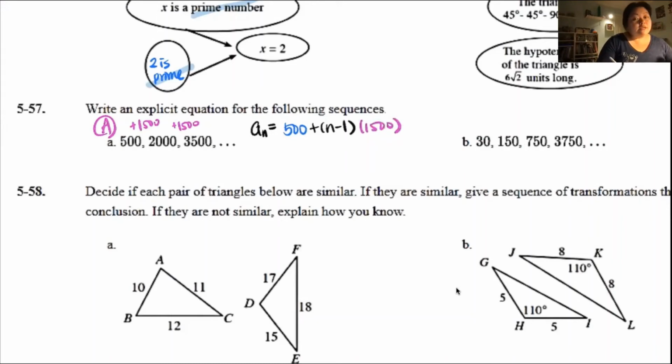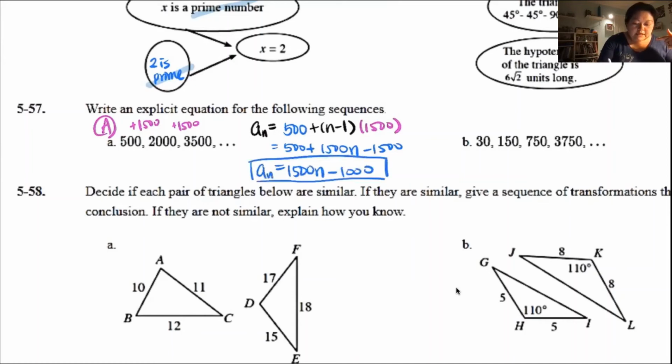All right. So yes, we do need to clean this up a little bit, right? So I get 500 plus, distribute the 1,500, 1,500n minus 1,500. So I get 1,500n minus 1,000 to be my formula for A sub n. Okay? And that's what it's called, the explicit equation, which is the formula right here.